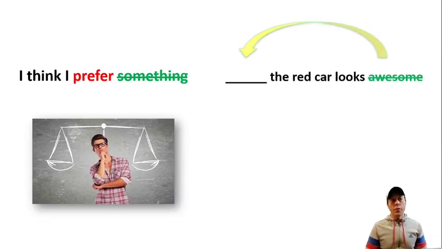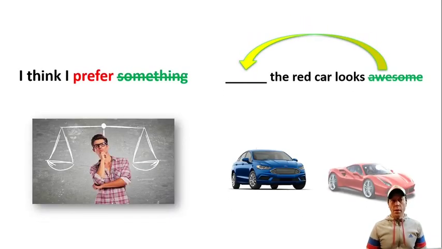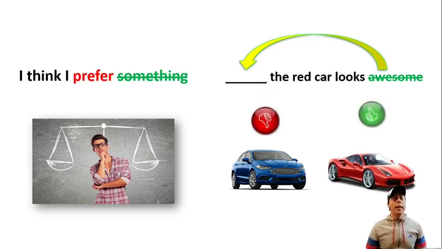The word prefer, mental verb. Basically, I'm making a decision and I've got a subject and an object, and I need to determine whether the subject or the object is my preference, something that I want more or like more than the other. So I think I prefer the red car looks awesome. I'm going to substitute awesome for a pronoun. What kind of word is awesome?